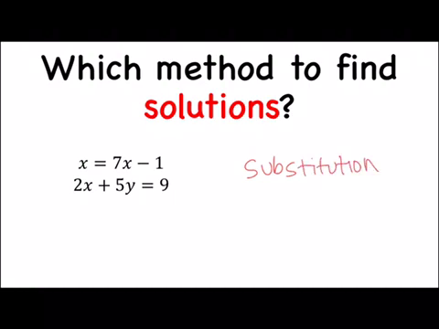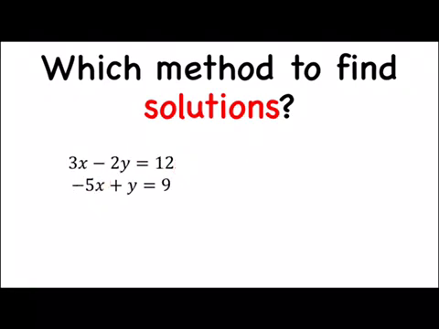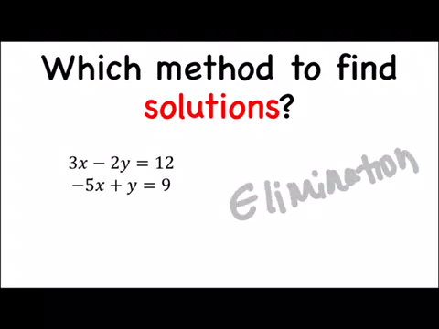If you look at the first equation, this is supposed to be a y. Oopsies. X is isolated. We know that x is by itself and it equals 7y plus 1. So we would take 7y plus 1 minus 1 and we would plug it in for x. Substitution. Which method? Elimination. Both equations are in standard form.